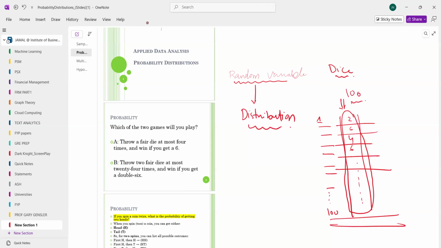Now you're going to record the time period for each student. The time period to complete that marathon for each student will be ranging between minutes, right? Now this can be continuous. Maybe two students can complete in the same time frame, or it will be a difference of a few seconds or milliseconds. So you have a continuous kind of a thing.